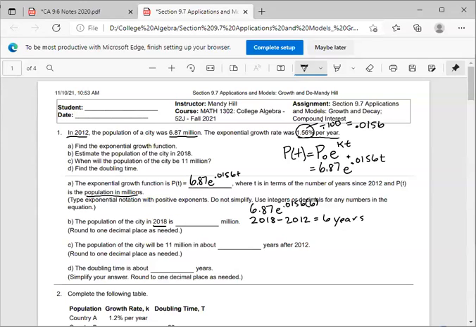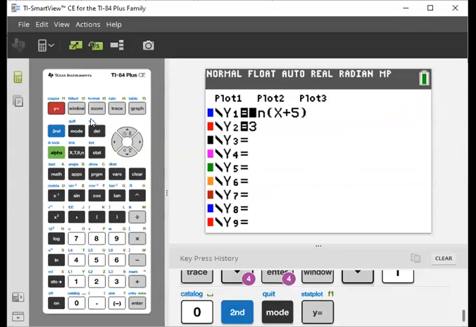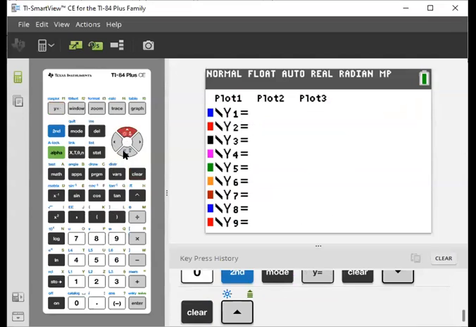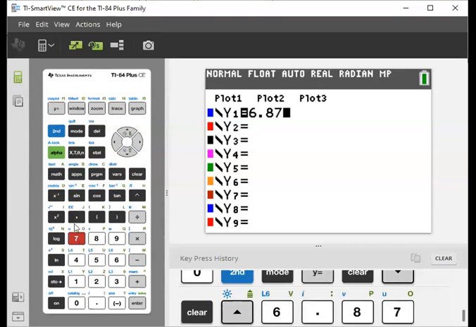But I know what's coming on some of the other problems, and I know it would be valuable for me to go to my graphing calculator and go, okay, let's just go ahead and put this in y equals. And type in our function, which was 6.87.